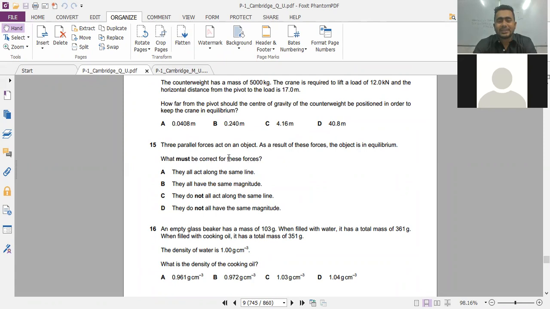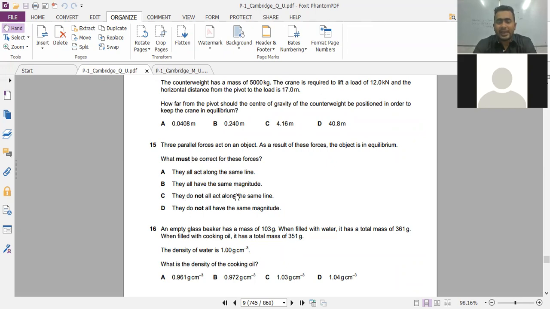What must be correct for these forces? তিনটা ফোর্স একটা অবজেক্টের উপর কাজ করতেছে, so they act along the same line. হ্যাঁ, এটা কারেক্ট, বাট এর চেয়েও বেশি কারেক্ট হওয়ার বিষয় আছে। They all have the same magnitude? No, they can't be, because তিনটাকে একটা ডিরেকশনে অ্যাপ্লাই করলে it's not going to be in balance situation.